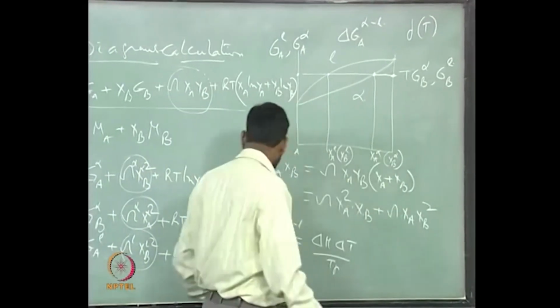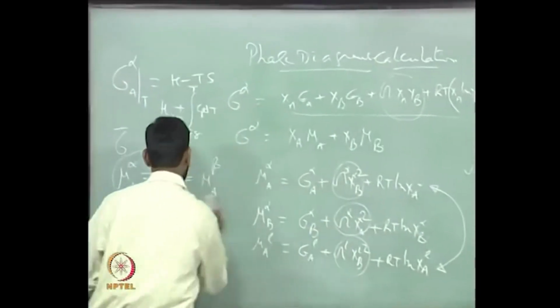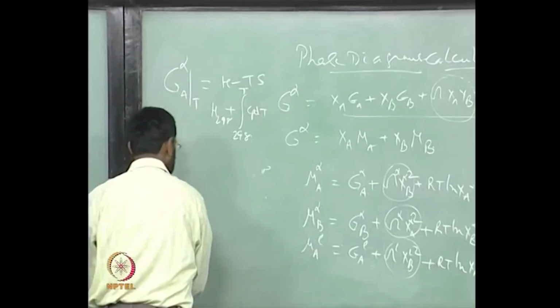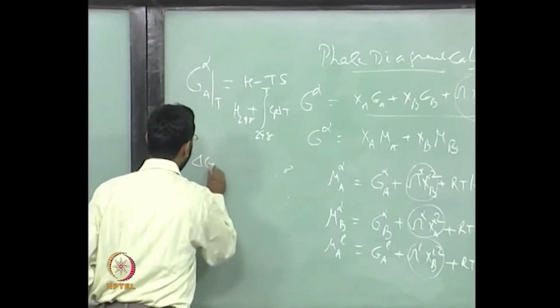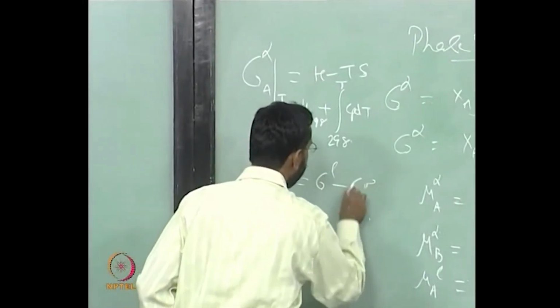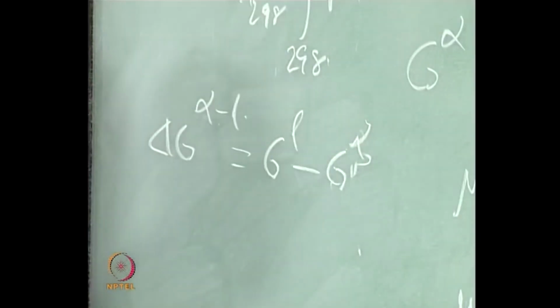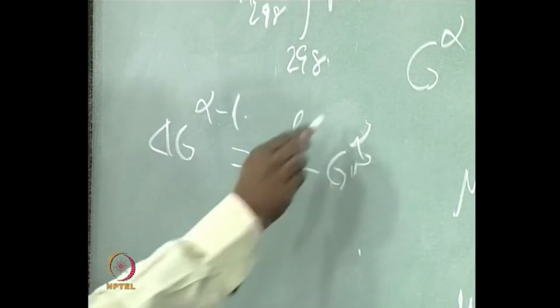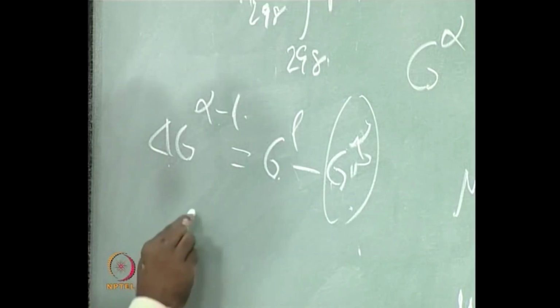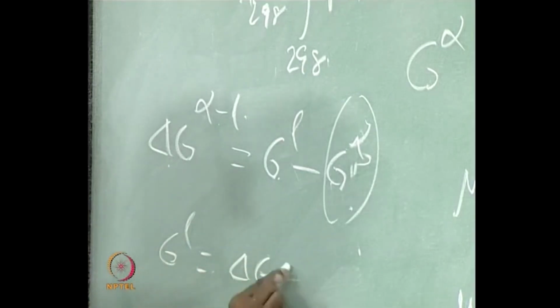So I can always write, for example, delta G of alpha to liquid is G of liquid minus G of alpha, am I right? So if I know G of alpha, I can find out the G of liquid by simply writing that G of liquid is equal to delta G plus G of alpha.